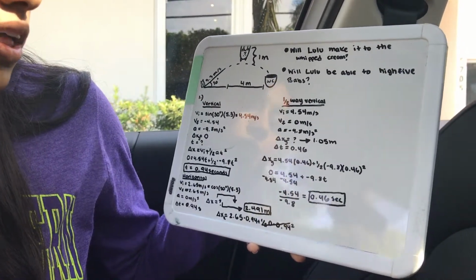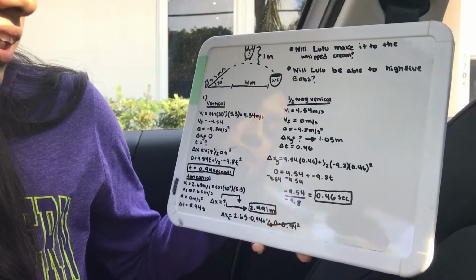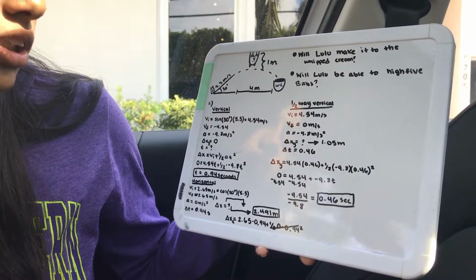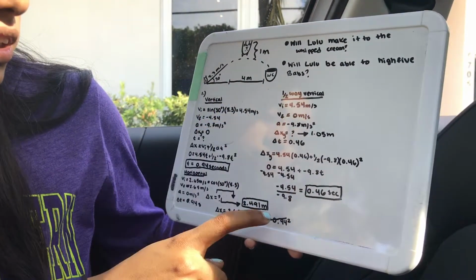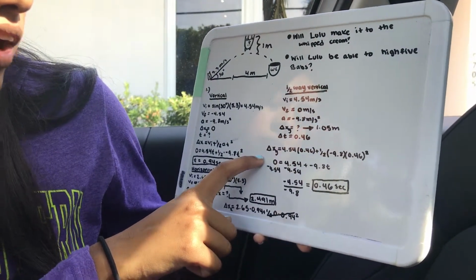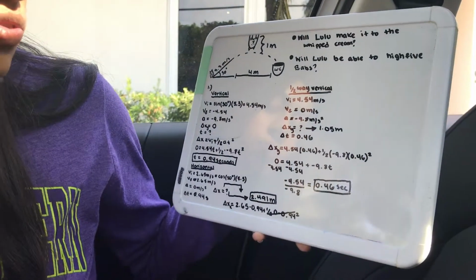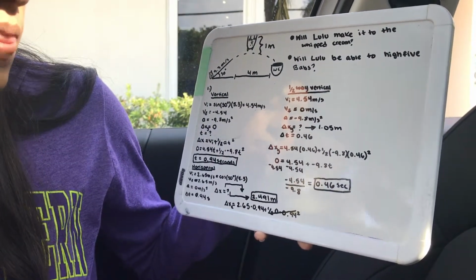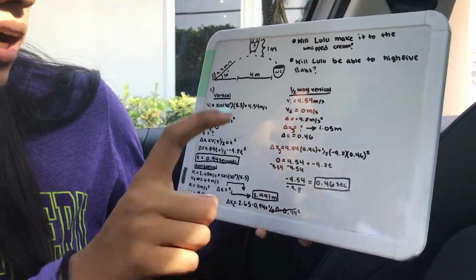And then we know that the time is 0.46 seconds by calculating it from the equation, since we have acceleration, final velocity, and initial velocity. So we did 0 final velocity equals vi, which is 4.54 meters per second, minus 9.8 meters per second squared times time.